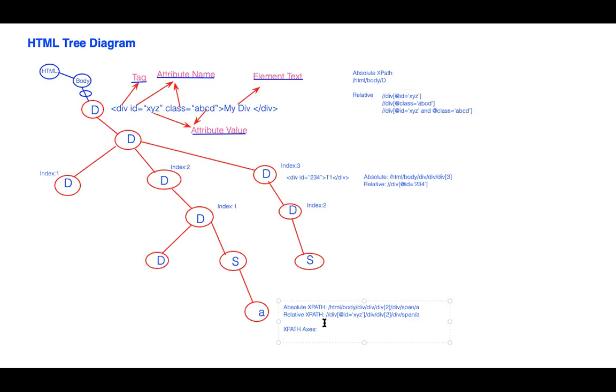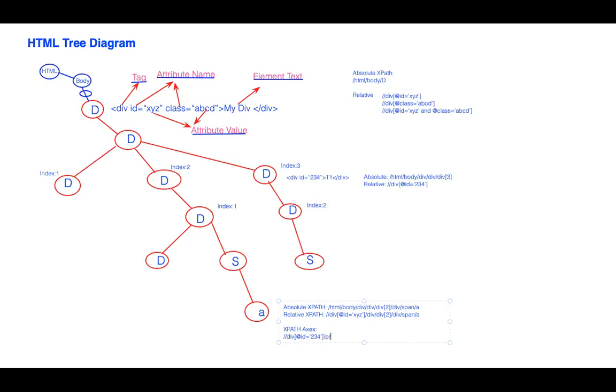So if I want to do this using XPath axes, what I'll do is say /div @ID is equal to 234. So this will give me this specific element, right? Then I'll write a slash, and then I'll write a phrase.